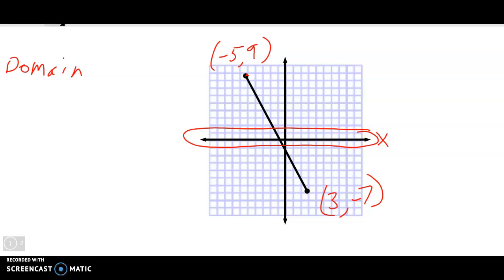So if I make myself like a little border here, going down this way, and then I'm going to make another one on the other side, my domain is going to be in between those two dotted lines. So on the domain, we're going to go from left to right.